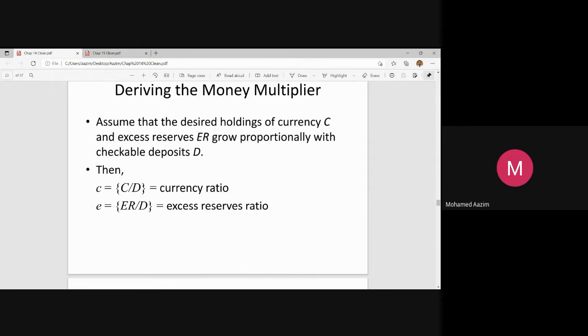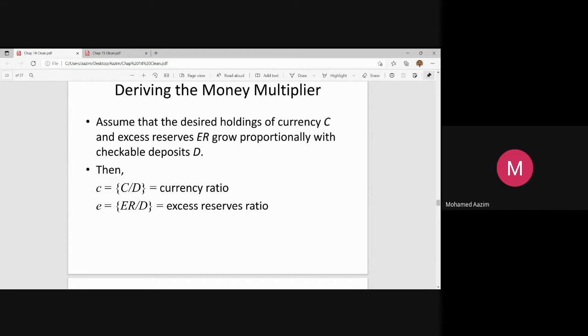Okay. So what we have to take here is desired holdings of currency, that is C, and excess reserves that you probably kept with the central bank over and above your required reserves. Any amount over and above the required reserves is excess reserves.